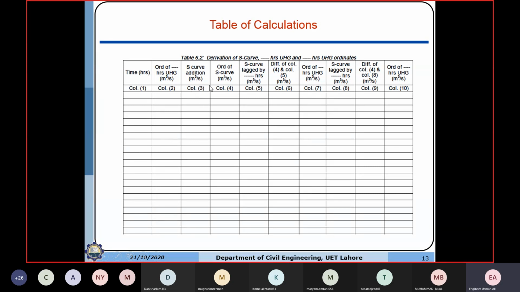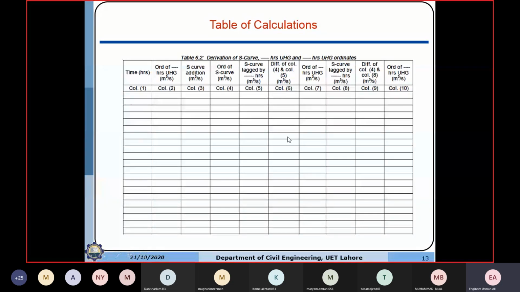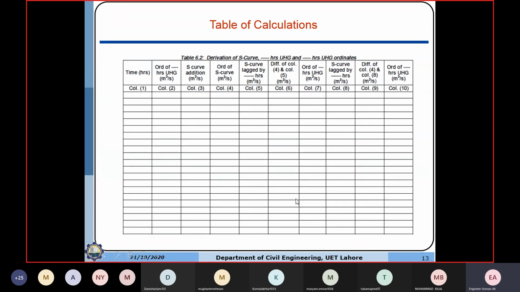This is S(T) minus D. And the ordinate of the S curve is U(T) plus S(T) minus D. Looking at this example, you will fill in columns 3 and 4, and column 4 and the last column of the offset table will be the same. So the S curve ordinates will be the same whether you use the offset method or the S curve addition method. In this way, you have to make these calculations.